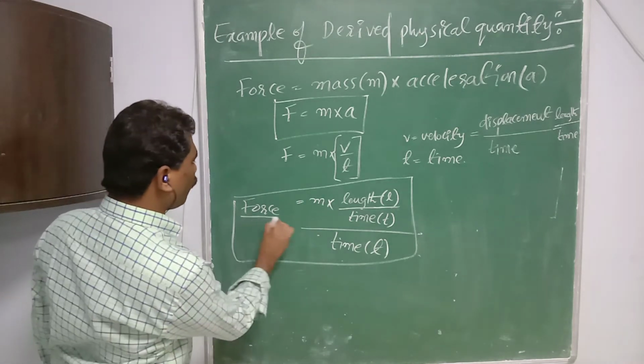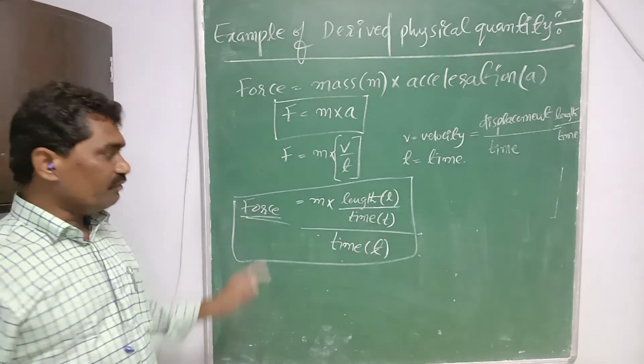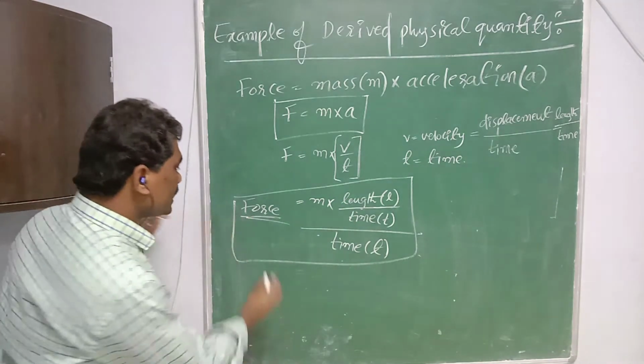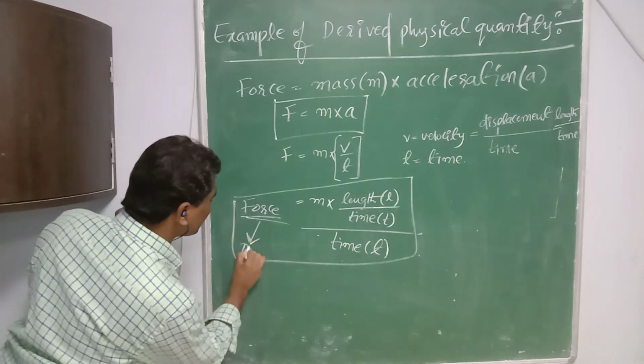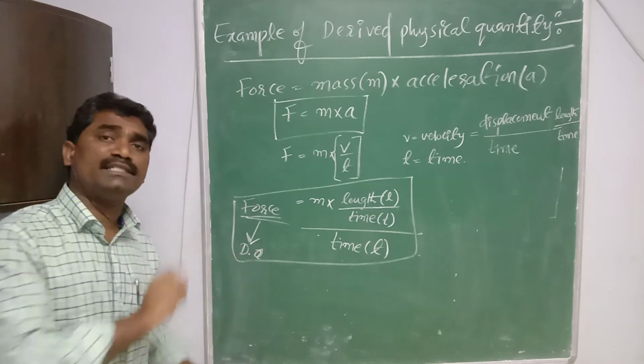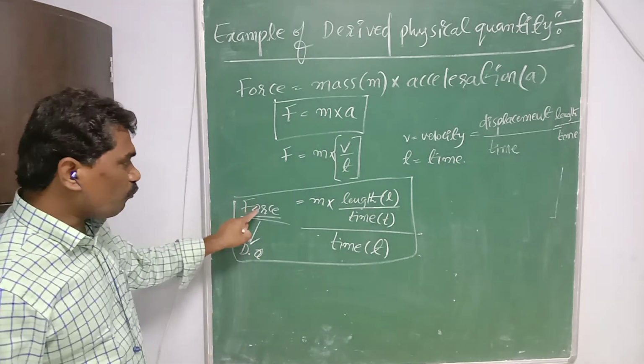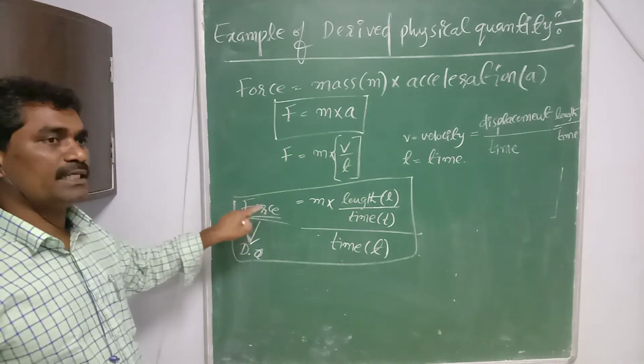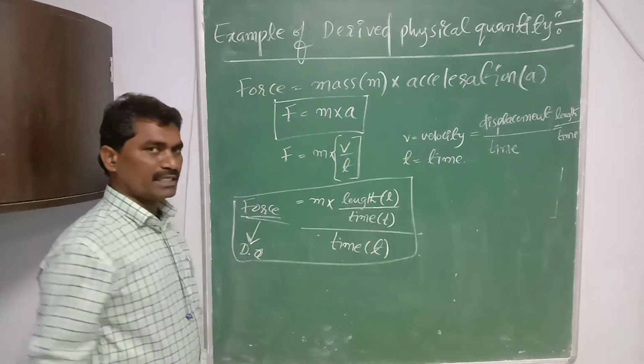Students, you see force is a physical quantity which depends upon these physical quantities. Force is called a derived physical quantity. Why is it called a derived physical quantity? This physical quantity, force, is derived from other physical quantities. You understand?